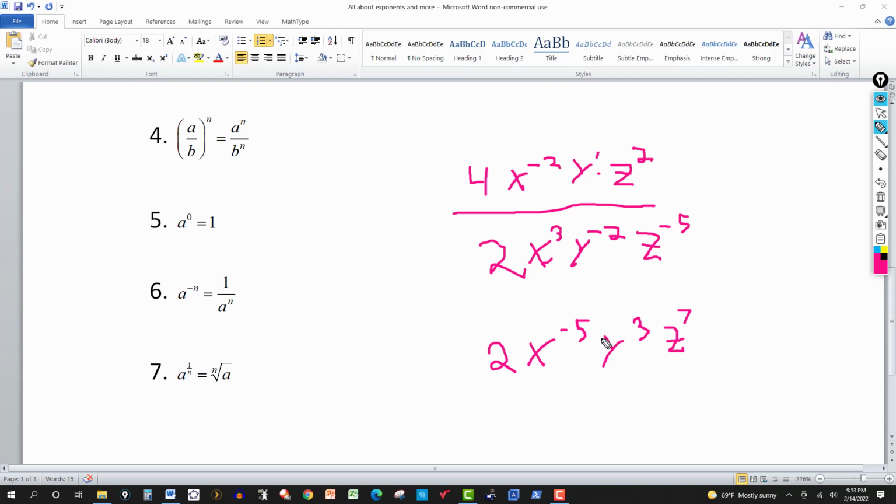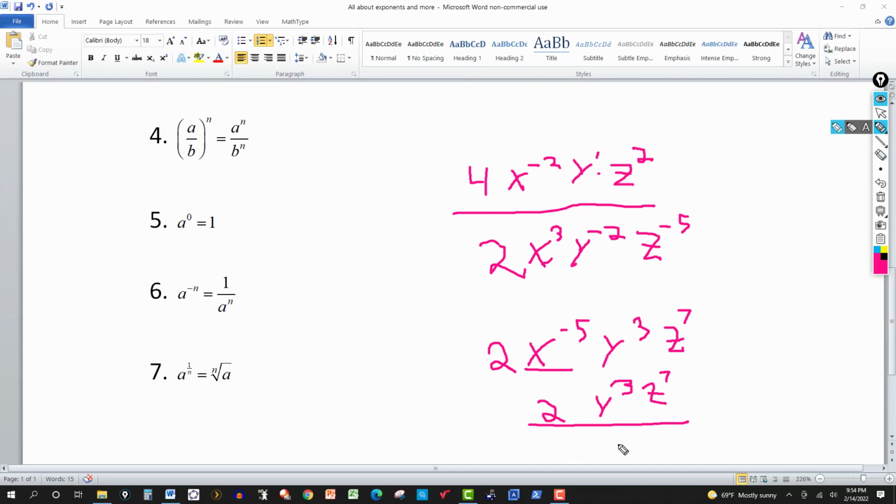Now, this is actually the answer. But let's suppose they said, well, we don't want the answer with negative exponents, so this one has to go. So how do I make this a positive exponent? See, the others have a positive exponent already. So one way you can do it is just bring it to the denominator and change the sign.